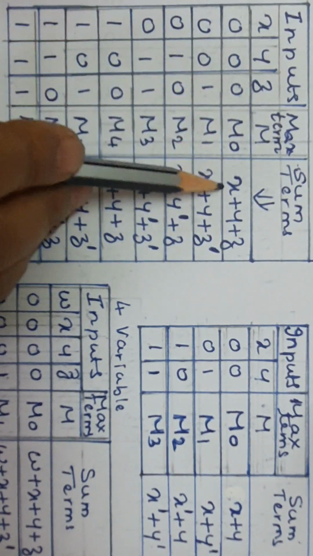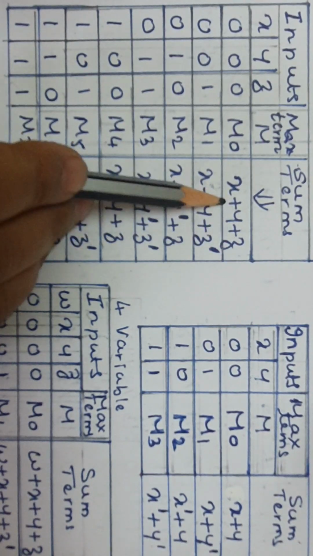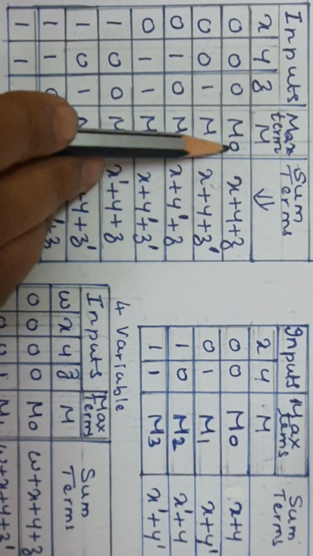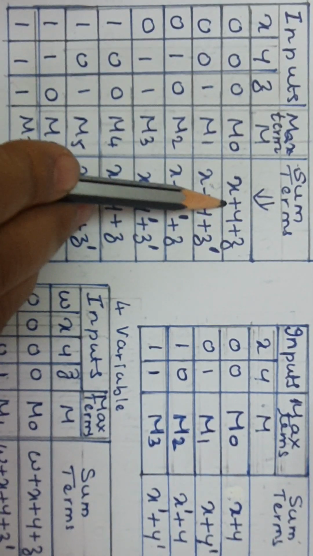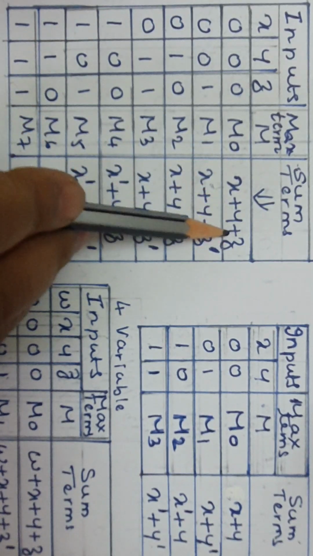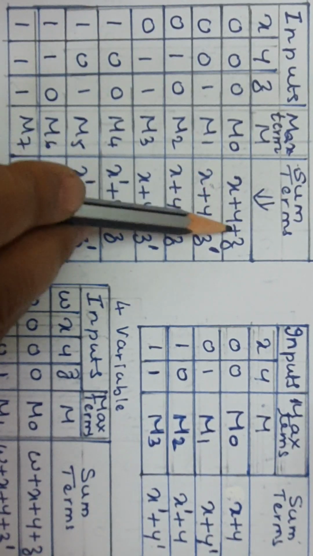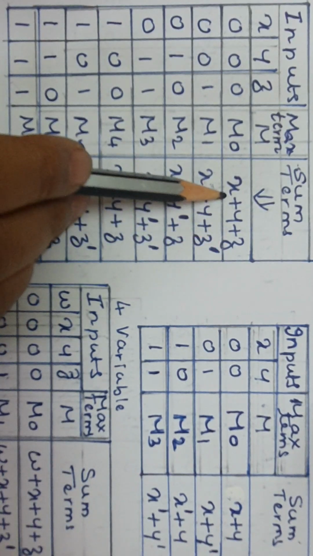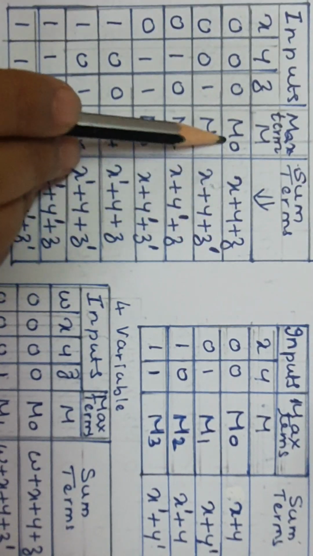All are 0, hence x, y, z are written as they are, with a plus sign in between. This is a sum term. Max term means it is a sum term. So M0 means x plus y plus z. We'll read like this. Plus here is the logical OR operation. So x ORed with y ORed with z. Instead of reading every time, we'll read this as x plus y plus z, and this is called a sum term and it is M0.